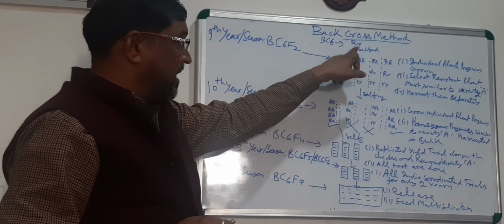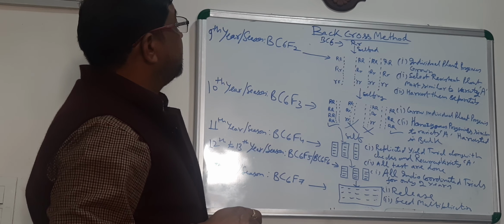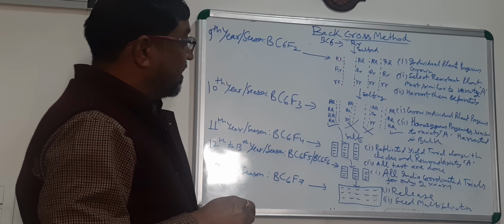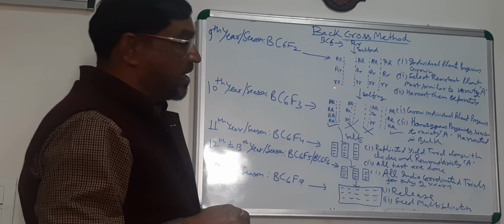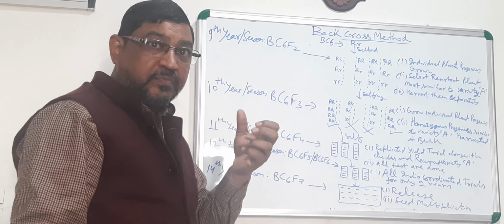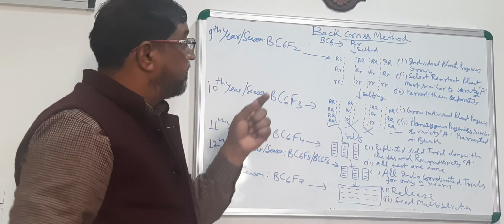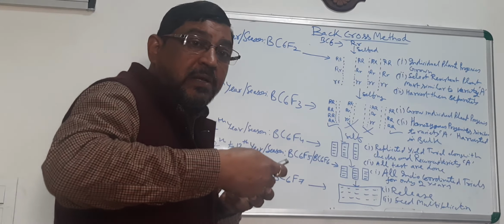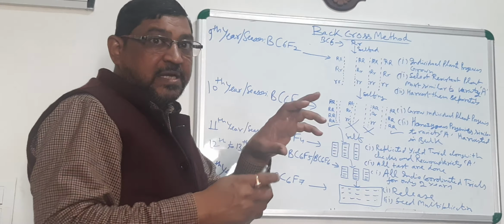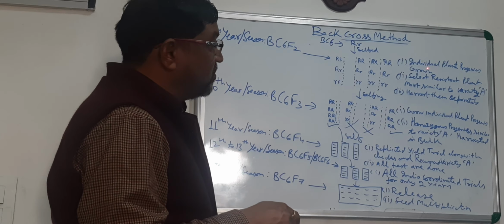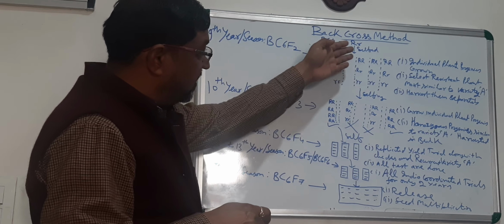If you are selfing the capital R small r, you are going to get what? You are going to get capital R, small r. So whatever plants you have selected, you have harvested separately in BC6, you are selfing it, and you are growing the progeny row of that separately harvested plant.